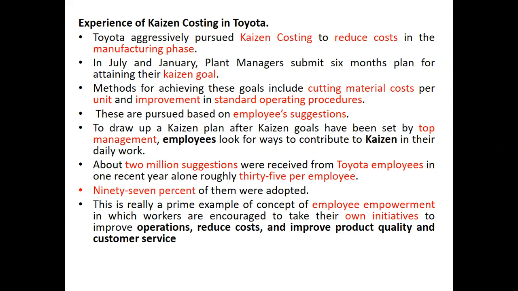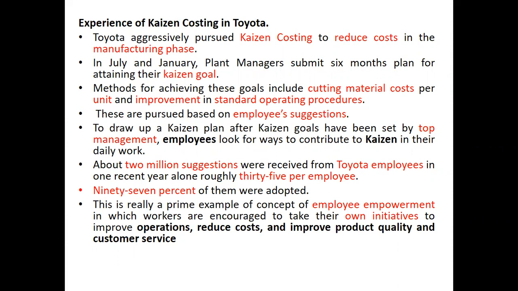Manufacturing phase में पहले Kaizen implementation किया. तो यहाँ पे क्या हुआ, प्लांट मैनेजर ने दो टारगेट्स एक साल में सेट किए. One target was in the month of July and one in the month of January. And there was a gap of 6 months between the two targets. They set the goal, a 6 monthly plan they submitted to reduce the cost.